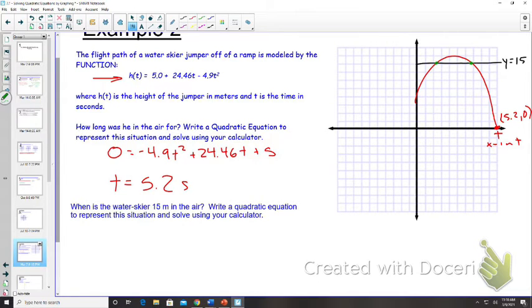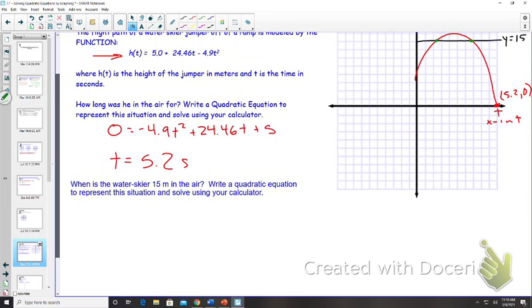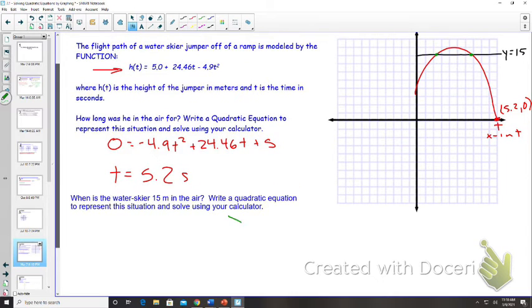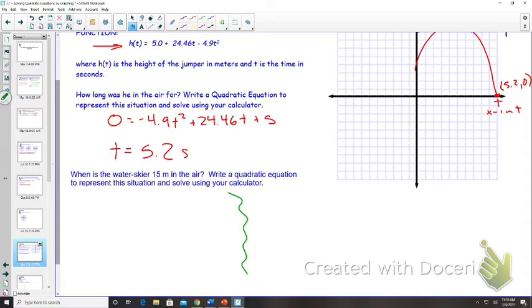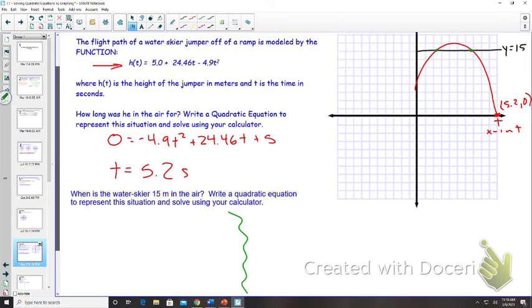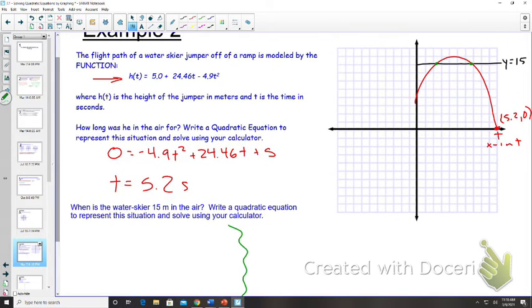So we can solve this two ways. The first thing we could do is write a new quadratic equation. What is our y equals at y equals 15? 15, right?